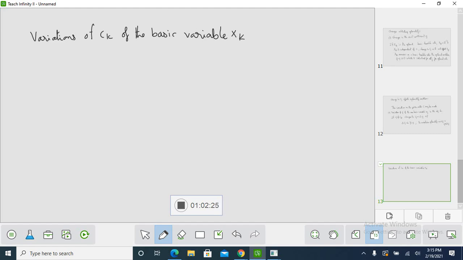So what happens? My ck is not belonging to the non-basic, it is actually belonging to the basis variable. So it belongs to the cost vector of the basis variable. Therefore, ck belonging to CB will now change to ck plus delta ck.